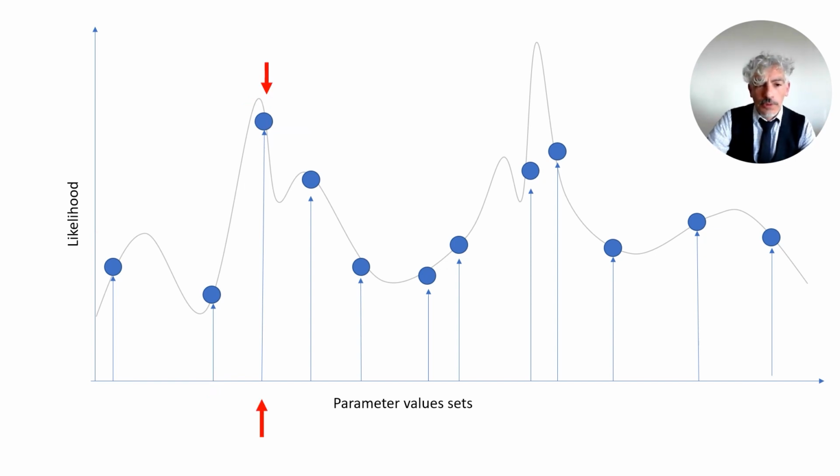But according to what we have observed here, the highest likelihood value that we find corresponds to this set of parameters that we find here. But we are failing to detect the highest likelihood indicated by the black arrow, which corresponds to another different set of parameter values. So in this fictional example, the solution provided by the algorithm is failing to identify the parameter values that correspond with the highest likelihood.